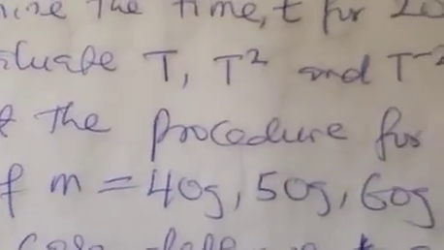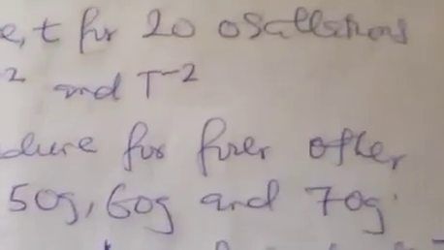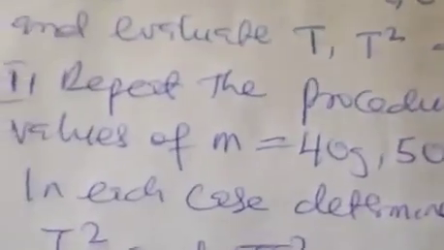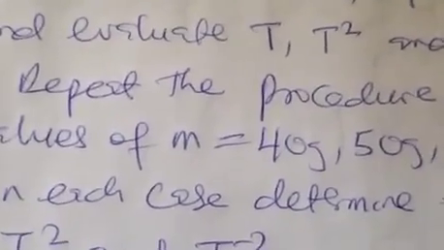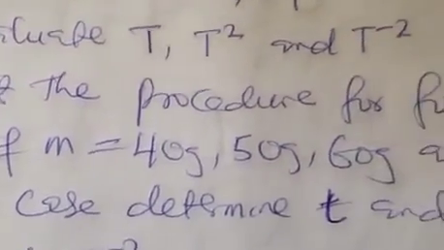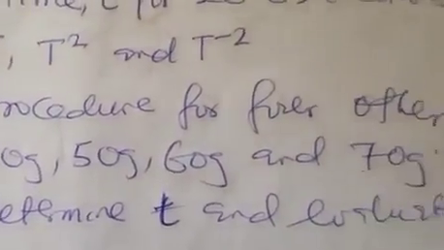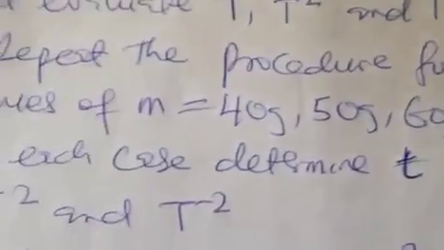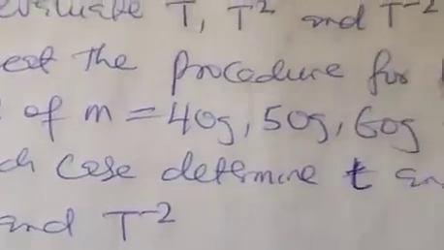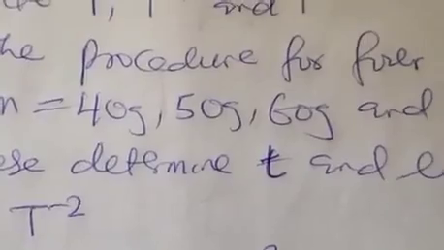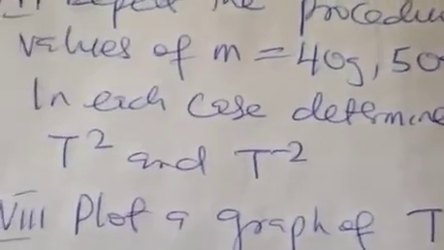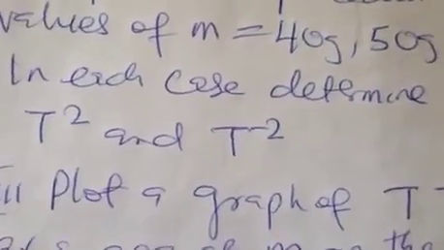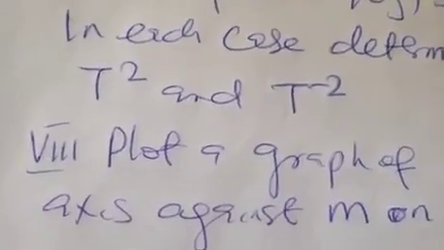VII. Repeat the procedure for 4 other values of M. The first M was 30 grams. Then repeat with M equal to 40 grams, 50 grams, 60 grams, and 70 grams. In each case, determine the time, that is small t, for 20 oscillations and evaluate capital T, that is the period, T squared, and T raised to power minus 2.